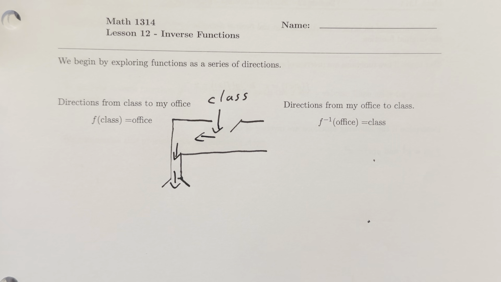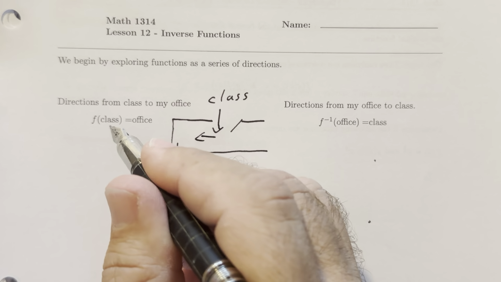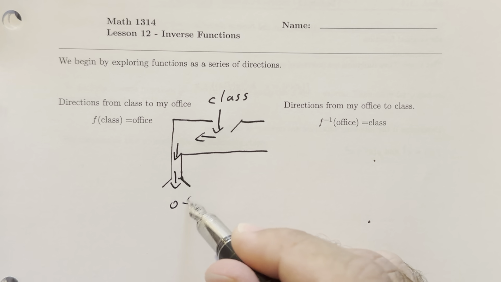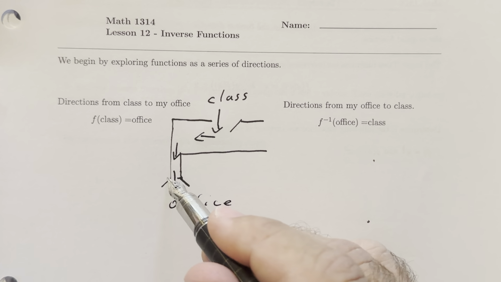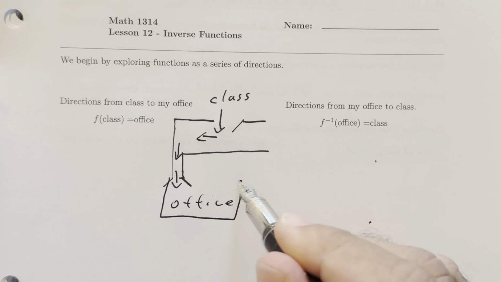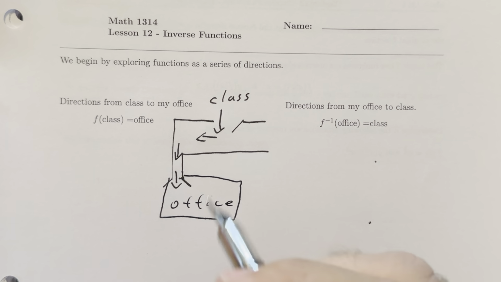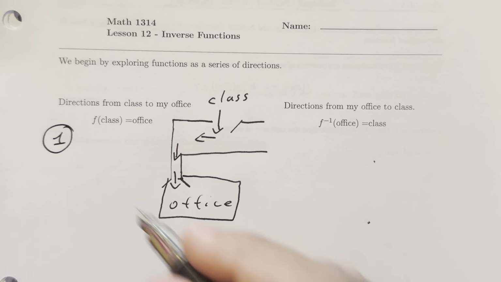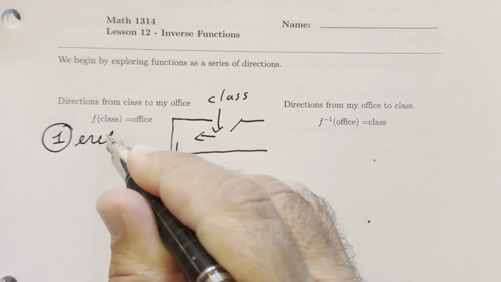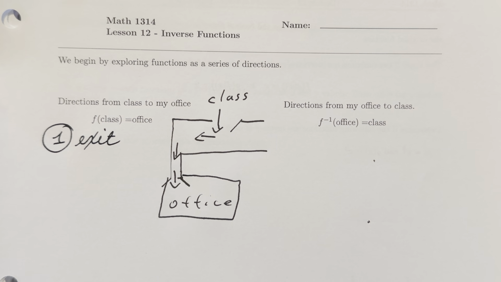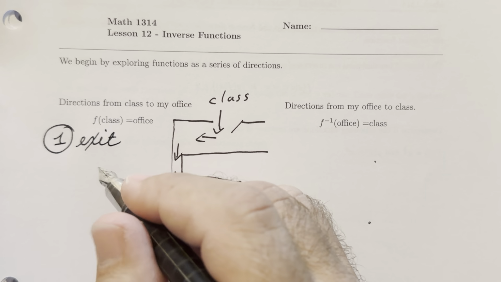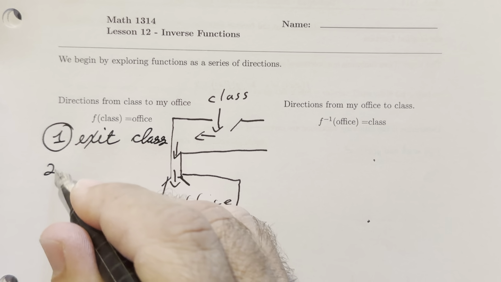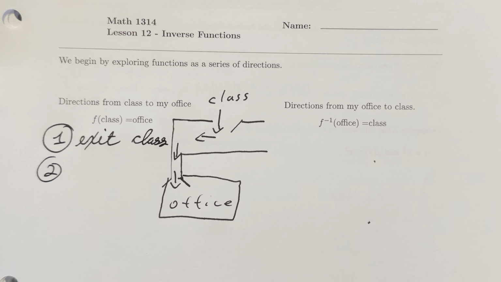So let's go ahead and write these down. The function that takes you from the class to the office. All right, so we'll say that's the office there. So first thing you do is you exit the class. Second, you turn right.